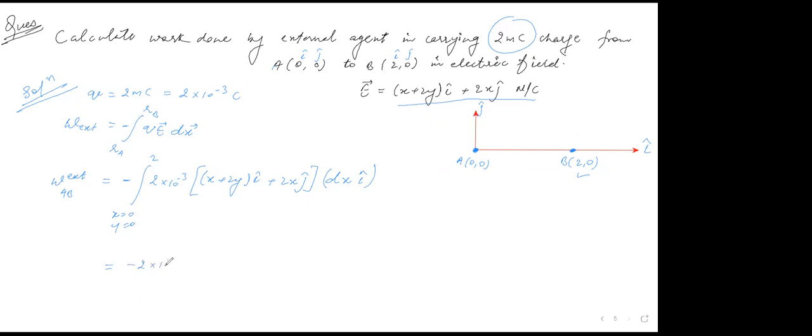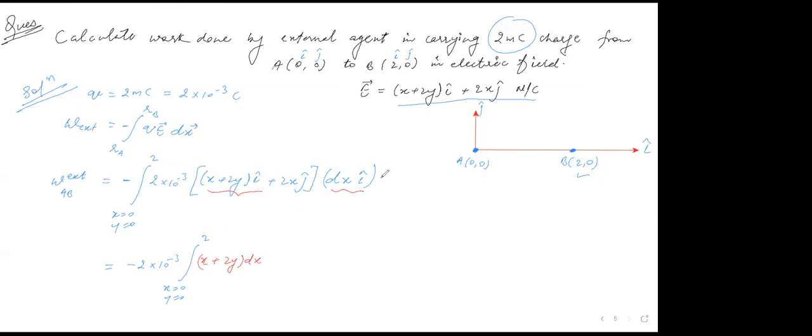Minus of 2 into 10 raised to the power minus 3, from x is 0, y is 0 to 2. And now, when you multiply x plus 2y i cap with dx i, you get x plus 2y dx. Do you understand?